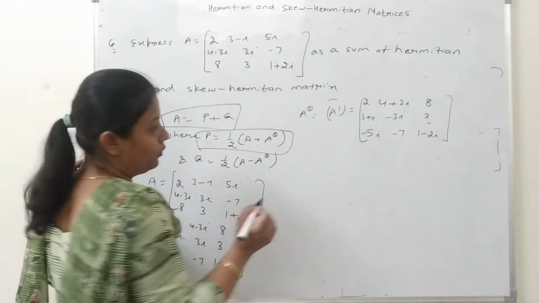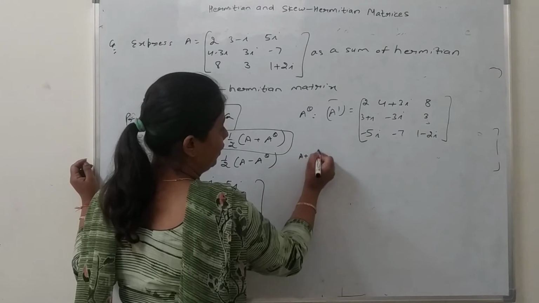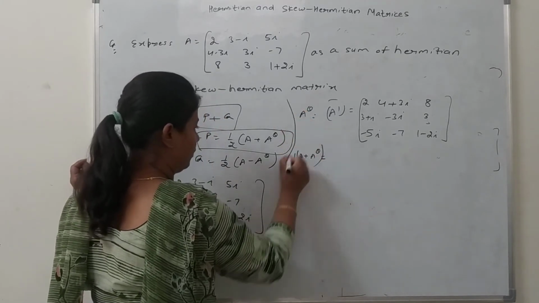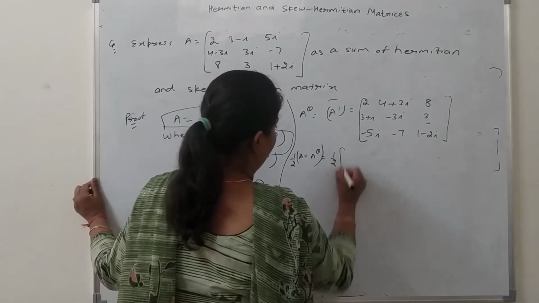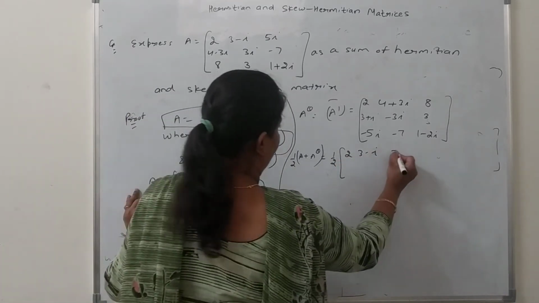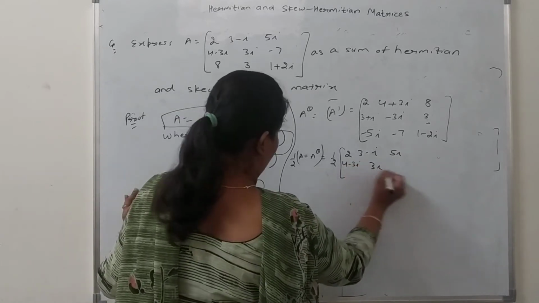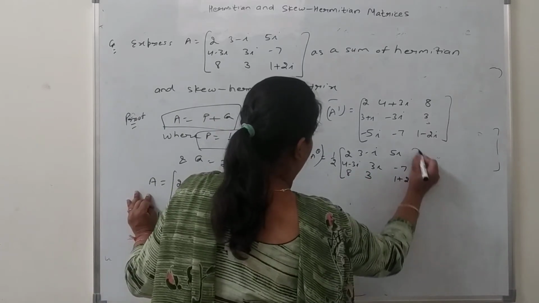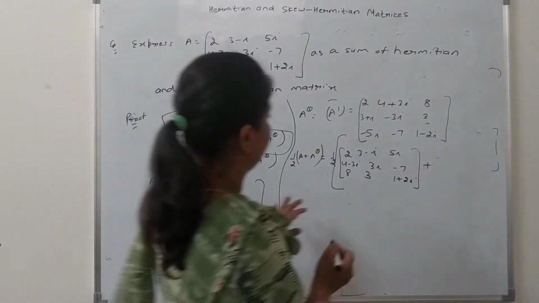So this is A theta. Now we have to take half. Firstly we will add A plus A theta. We can take half outside. Half A plus A theta. What is A? 2, 3 minus iota, 5 iota, 4 minus 3 iota, 3 iota minus 7, 8, 3, 1 plus 2 iota, plus A theta.